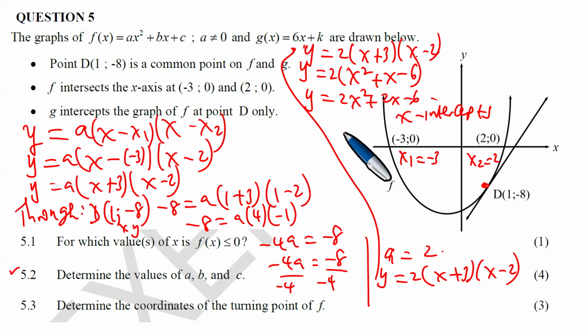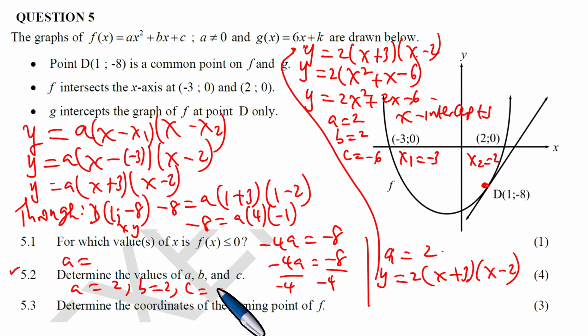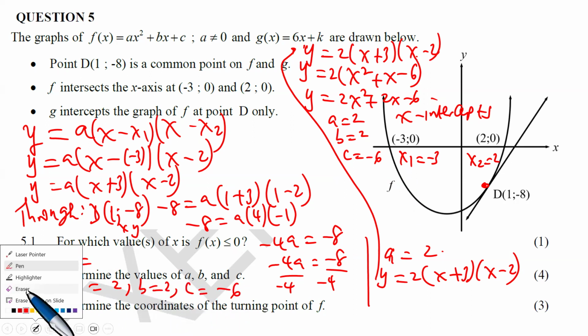We want to find the numerical values. So we're able to see, therefore, that a is 2, b is 2, and c is -6. Right, so we need the numerical values. Okay, these are the numerical values.